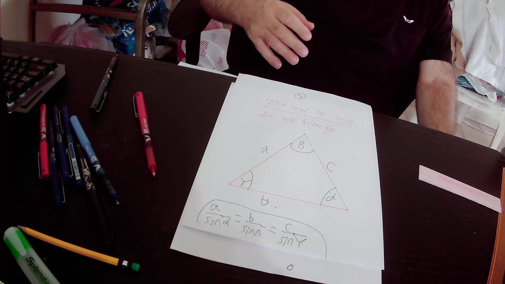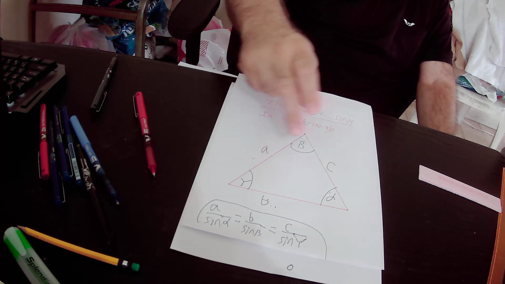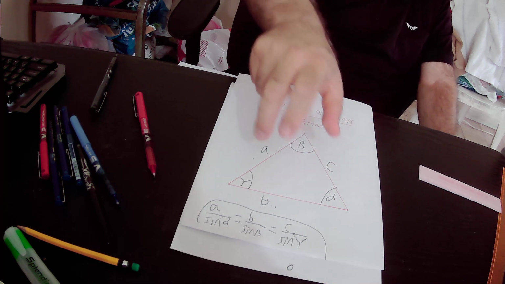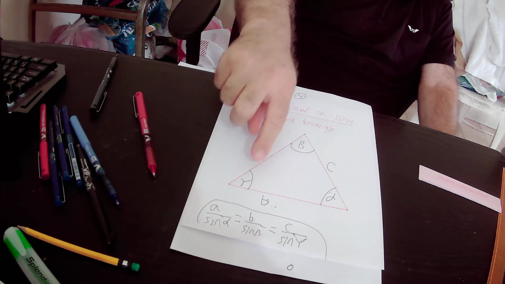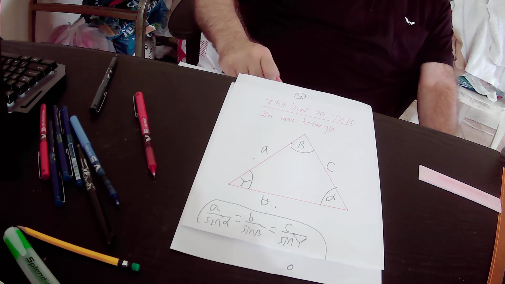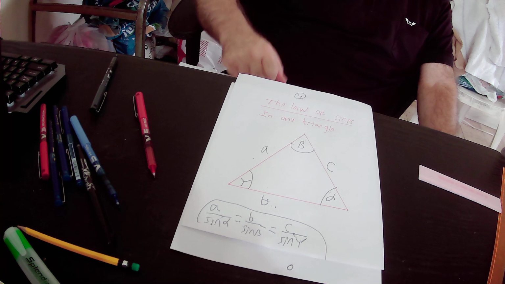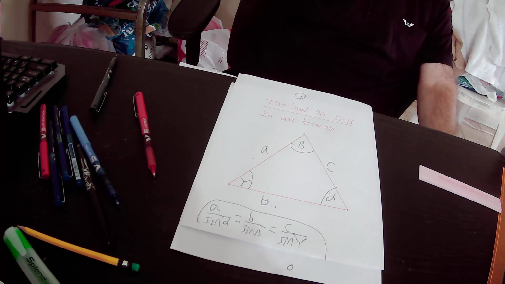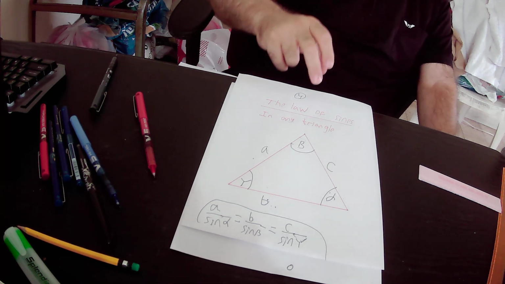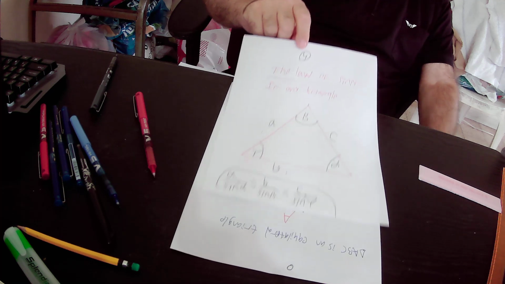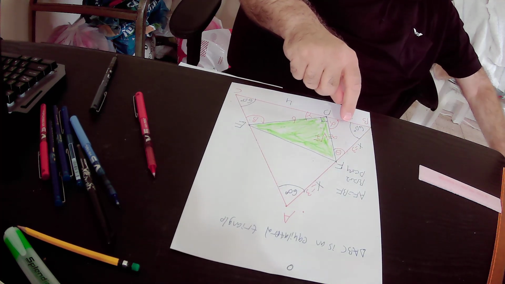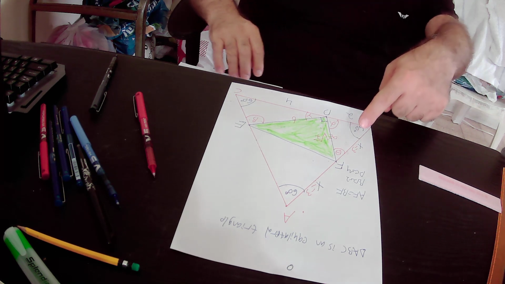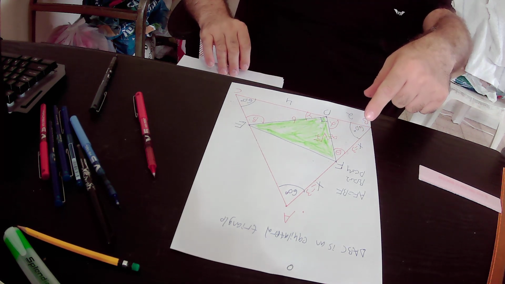In any triangle, a over sine alpha equals b over sine beta equals c over sine gamma. So we implemented the law of sines in triangle FBD.